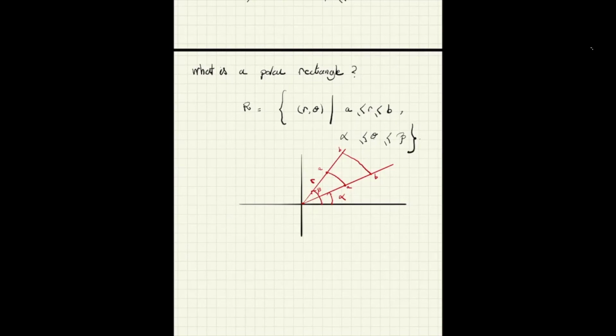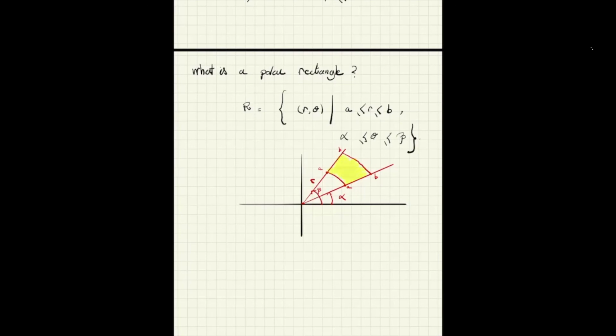So what is this rectangle? It has to be between alpha and beta, which means I have to stay between these two lines, this section of the disk, and then I need to stay between the radius a and b, which means I need to stay here.